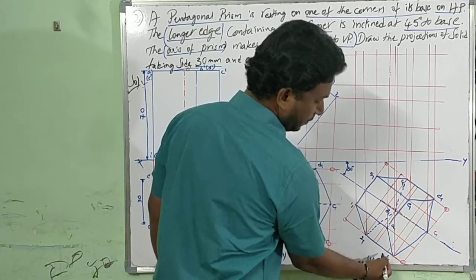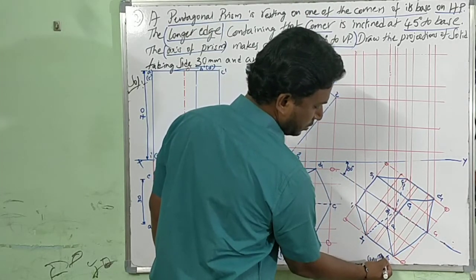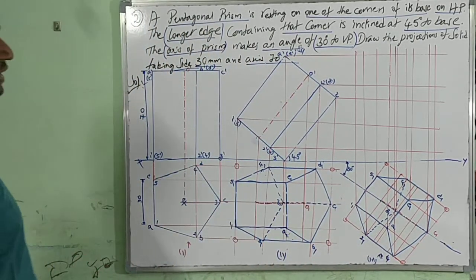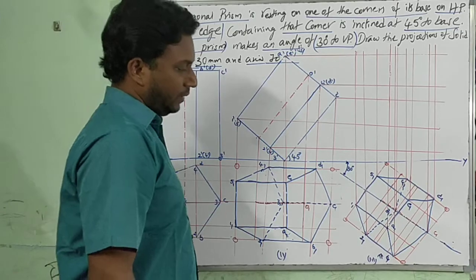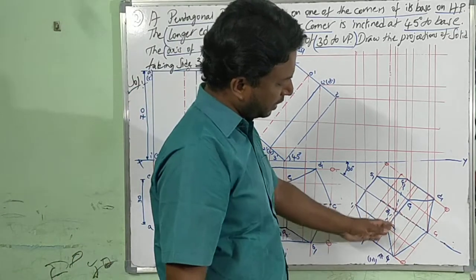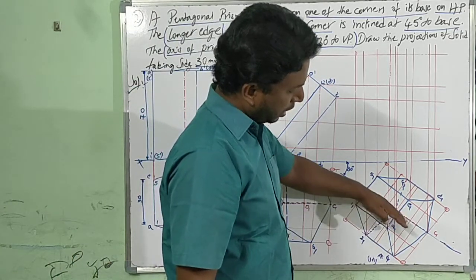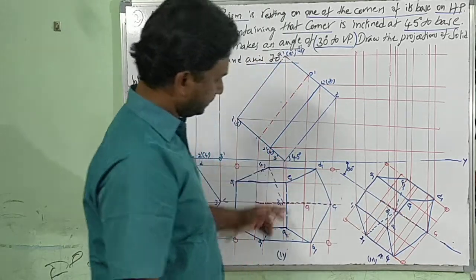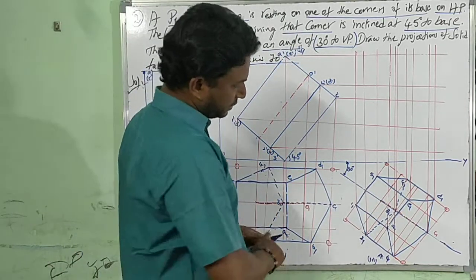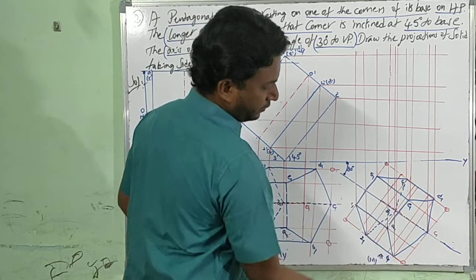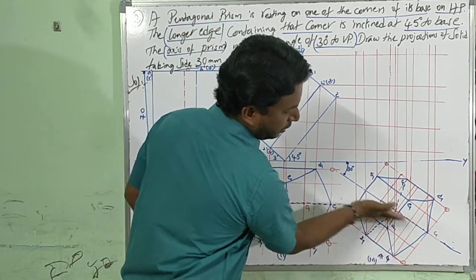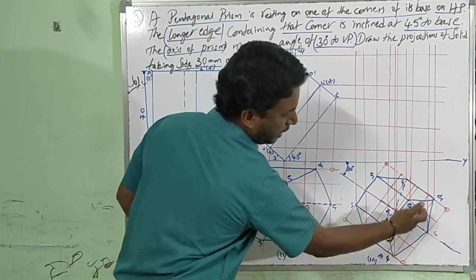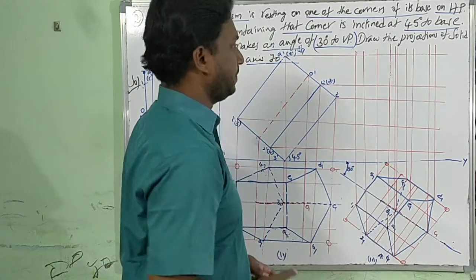Now when I am looking from here, with respect to what line can I draw thick lines? I will try to pick points A, B, C, D, right? When I am looking from here, with respect to the axis line, the corner point is rotated towards outside. When I am looking from here outside, the corner line and axis line are coinciding. So when I am looking from here, I can see all A, B, C, D as thick.